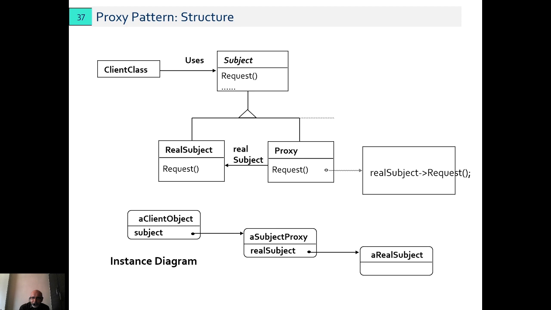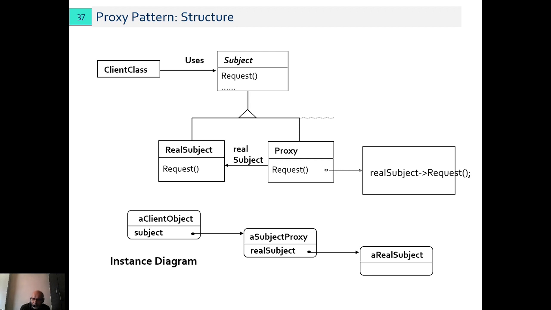So proxies are there in n numbers. Proxies can associate themselves with the real subject, in turn the subject, and then the client class can refer to them. So a client object has a subject with it, and a subject proxy would represent the real subject, and then the real subject will be the correct entity dealing with the client object. The communication has been happening between whom?